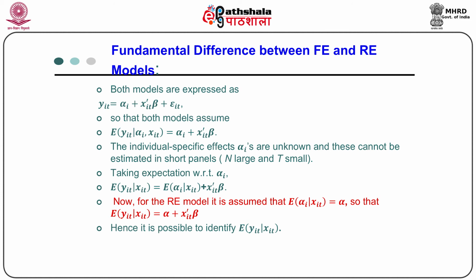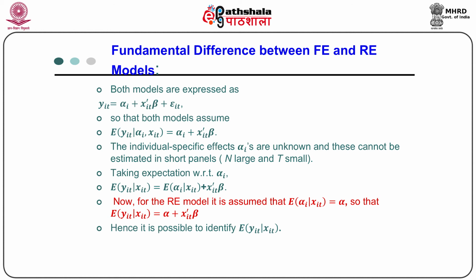Now, let us distinguish the fundamental difference between the fixed effect and random effect model. Both models are expressed as yit equal to alpha i plus xit prime beta plus epsilon it, so that both models assume expectation of yit given alpha i and xit equal to alpha i plus xit prime beta. The individual specific effects alpha i are unknown and these cannot be estimated in a short panel.